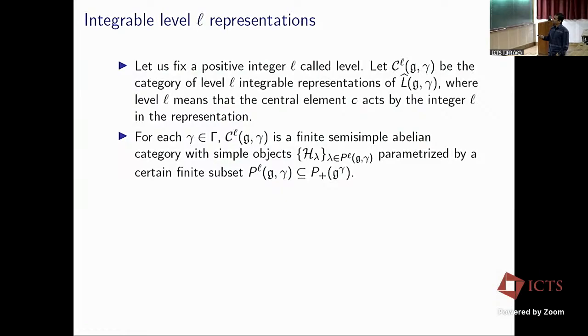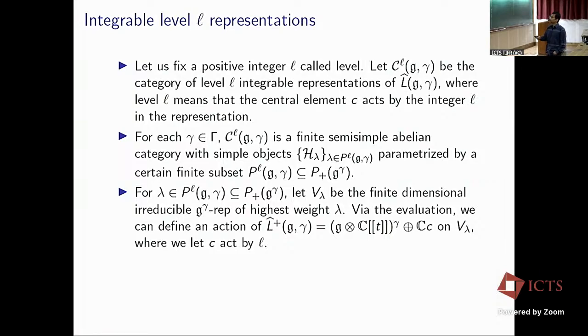They are parameterized by a certain finite subset of the dominant integral weights for this fixed point Lie algebra, which is a finite dimensional reductive Lie algebra. And how do we construct these? First, if we take a lambda in this finite set, that corresponds to a finite dimensional representation of the fixed point Lie algebra.